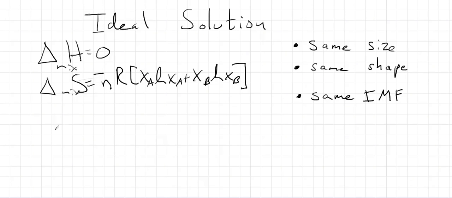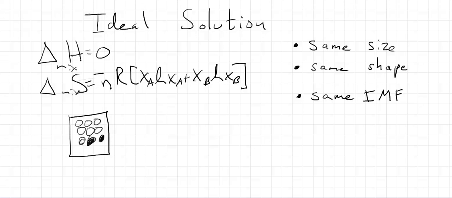Okay, if we have a beaker and, this is way not to scale, okay, but imagine I have some cyclohexane and I have cyclopentane molecules. So they're roughly the same size and shape. We know that the interactions between these two molecules are van der Waals interactions, actually London interactions specifically, and between these two is London.